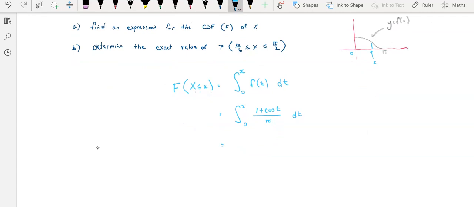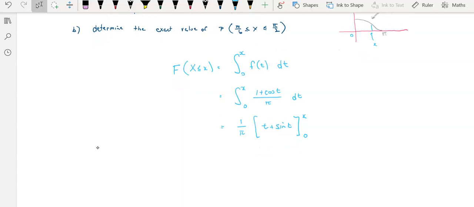Let's do a little integrating, get the pi out of the way. The 1 goes to t, since we're in terms of t. Cos t on integration goes straight back to sine t. And we're between x and 0.